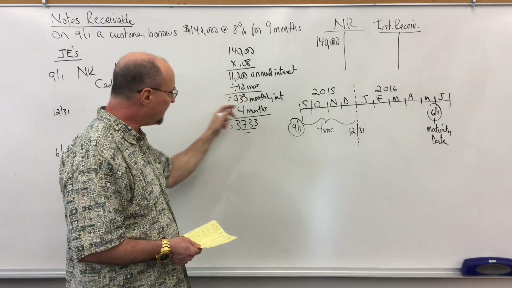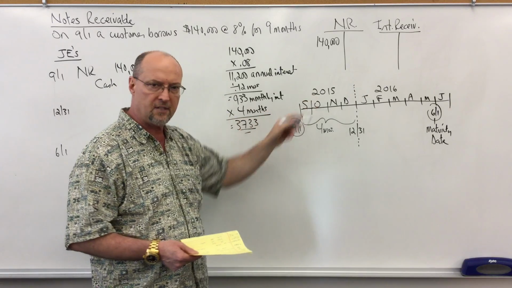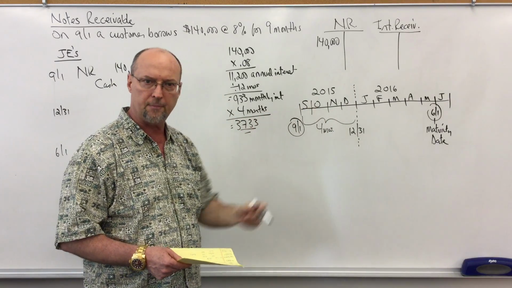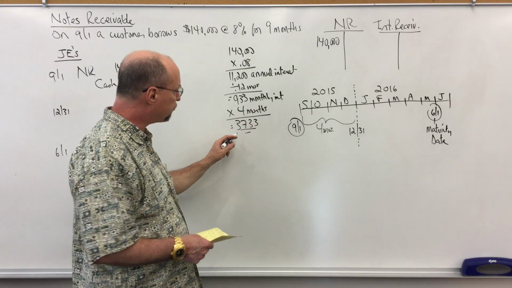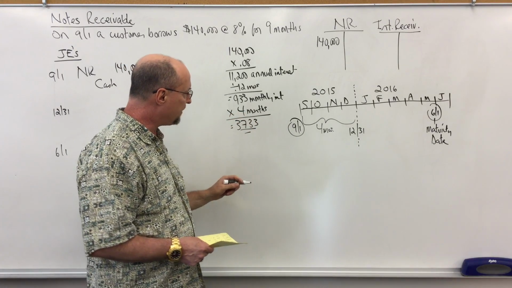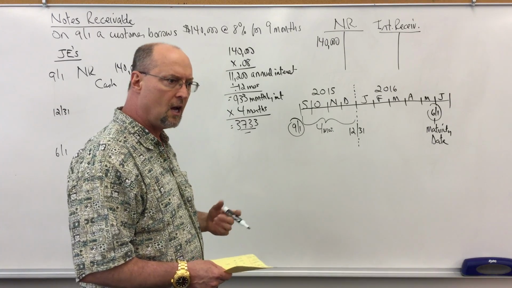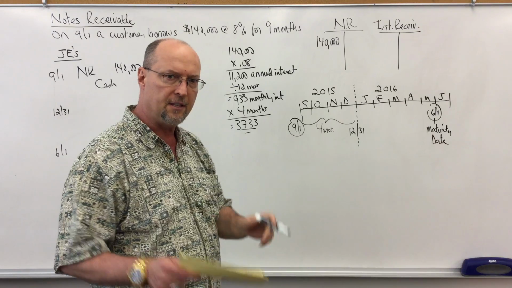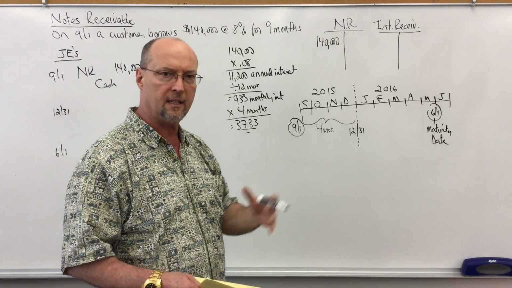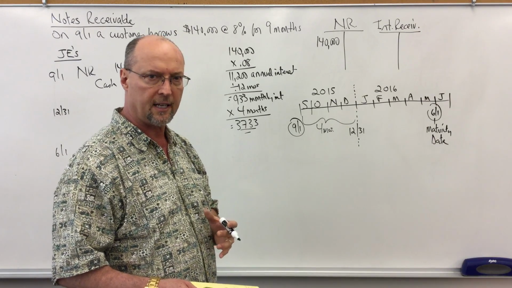Okay, and that would give us daily interest times the number of days from September through December. Okay, so we have to accrue $3,733 of interest. We've earned it, even though we're not getting paid until the following June 1st. These are the rules of revenue recognition in accrual basis accounting.